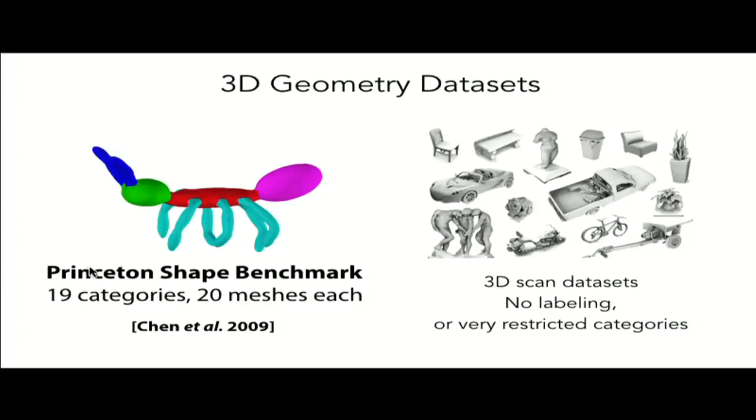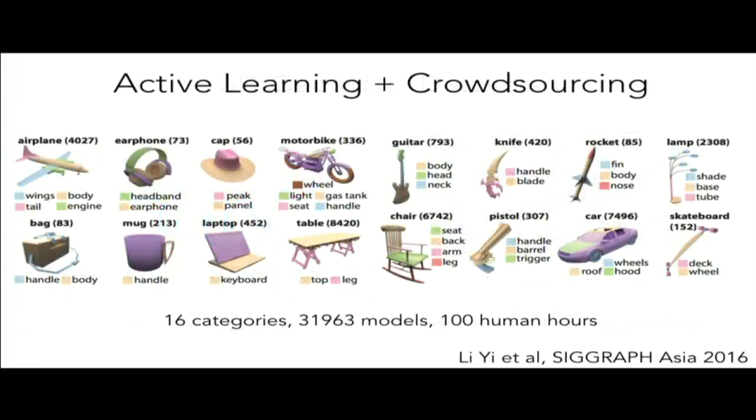For this kind of segmentation problem, the best data set is from this paper that I also put in the background material. This is by a PhD student at Stanford, Eric Yee, and some of my colleagues at Adobe. They built this very elaborate active learning pipeline for crowdsourcing. So they got 16 categories, 32,000 models labeled in a budget of 100 human hours. In terms of crowdsourcing budgets, that's not so bad.